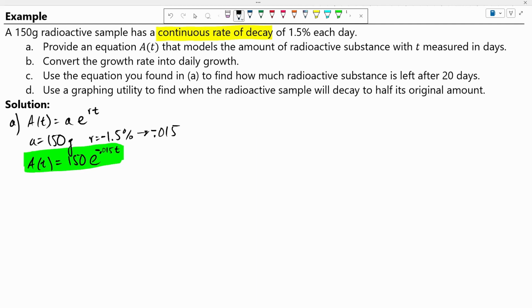That was A. B. Convert the growth rate into daily growth. It shouldn't be daily growth. It should be, oh yeah, no, daily growth. Okay. So B. That means I need to do b equals e to the negative 0.015. Got it? It's just that portion.